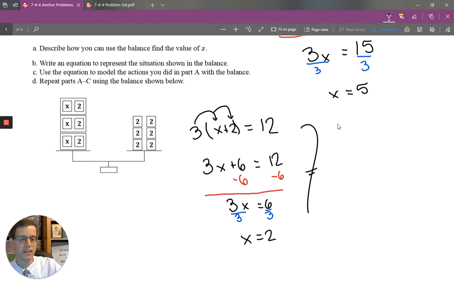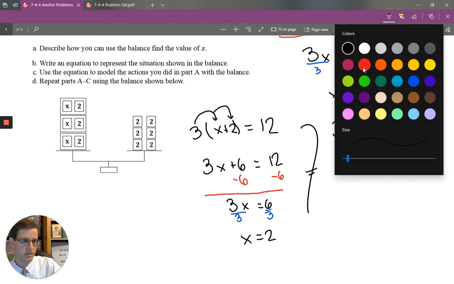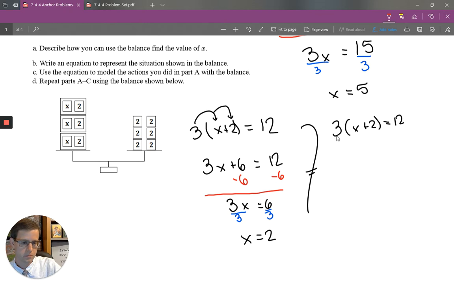Oh, the other option, when you have 3 times x plus 2 equals 12, you could, instead of distributing first, just divide the whole thing by 3. That's just 3 times something. Well, if I divide the left side by 3, I have to divide the right side by 3. And so this cancels out. What we're left with is x plus 2 is going to equal 4.